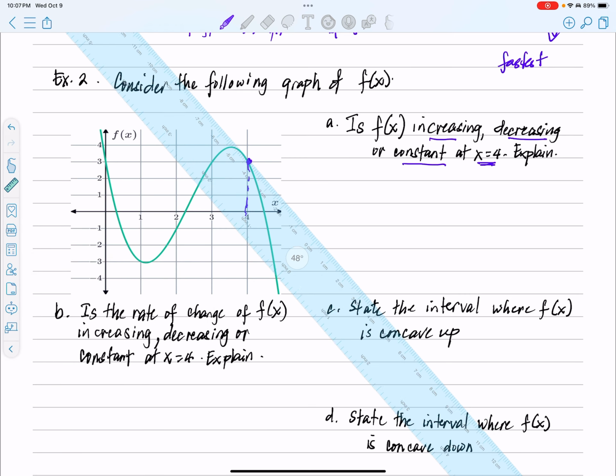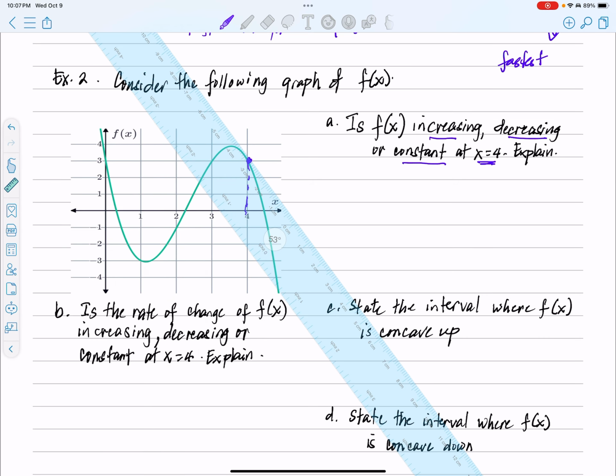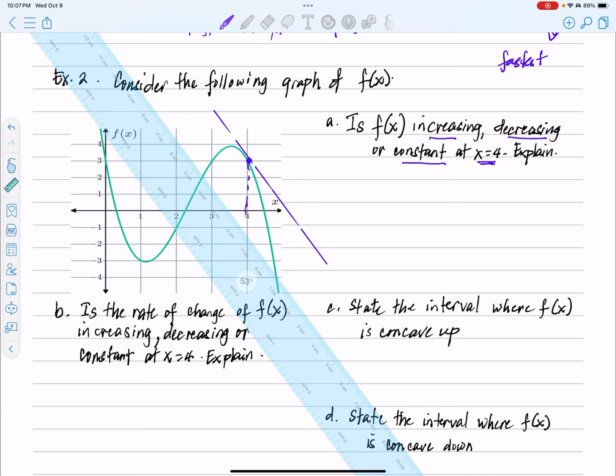Okay, I'm trying to draw the tangent line that passes through the point. All right. So what can you say about the tangent?